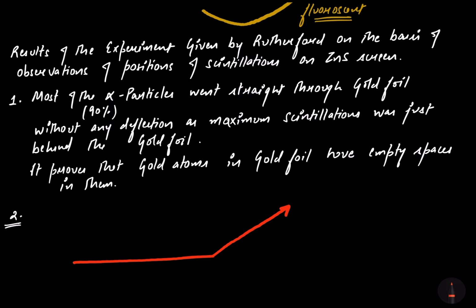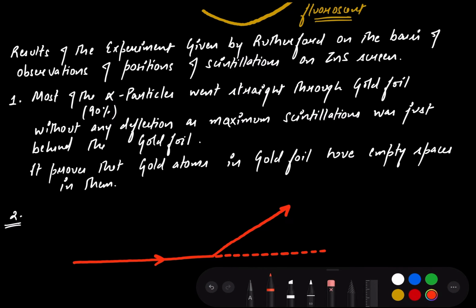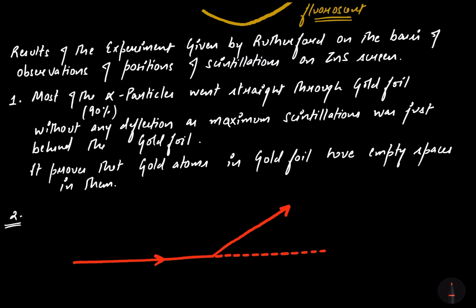Now, what was the original path? This was the original path. The alpha particle has changed its direction. So the angle by which the alpha particle has changed its path is the angle θ. That's called the angle of deflection.